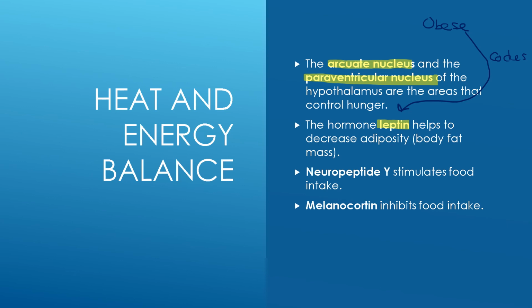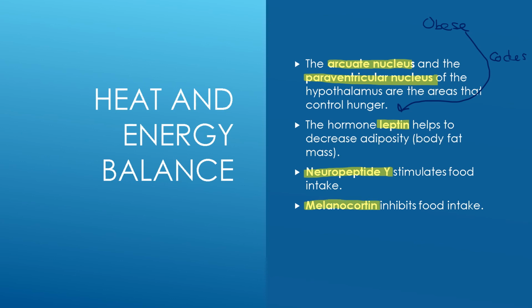When leptin and insulin levels are low, though, neurons that extend from the arcuate nucleus to the paraventricular nucleus release a neurotransmitter called neuropeptide Y. And this will stimulate food intake. Other neurons that extend between the arcuate and paraventricular nuclei release a neurotransmitter called melanocortin.